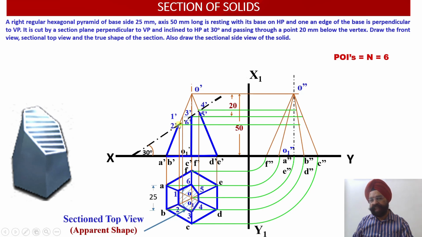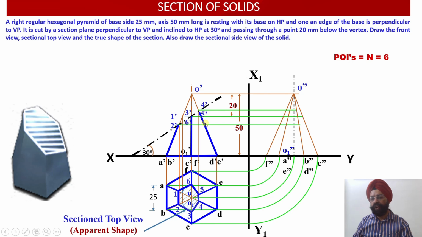So wherever this intersects the A double dash projector line and the B double dash projector line, you see 1 dash horizontal line I have drawn. So wherever it intersects O double dash, A double dash, I get the point 1 double dash over here.